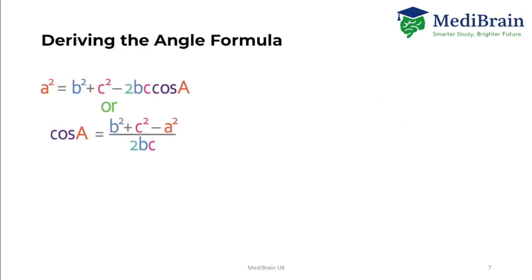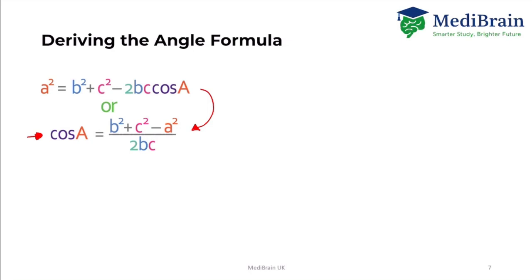But now what we're going to do is have a look at a question that involves deriving the angle formula. So now we're going to be using this second formula. We've looked at using the first formula. First of all, how can you get from the first formula to the second formula?